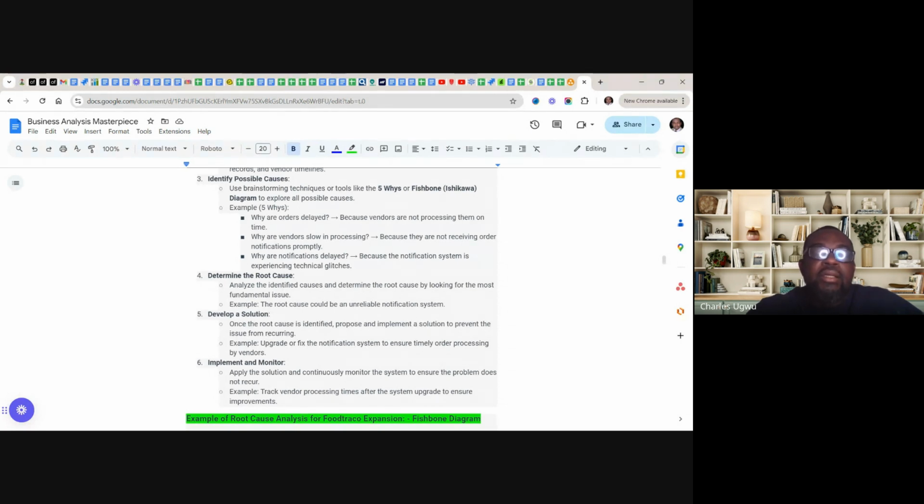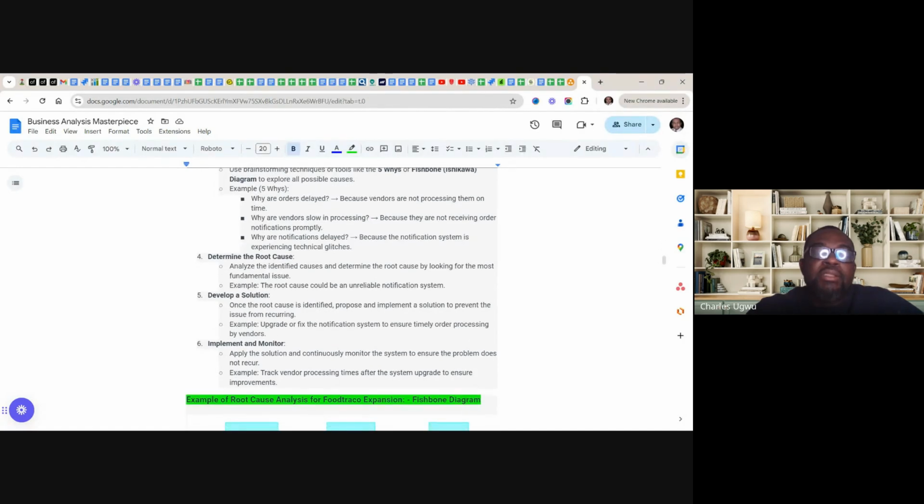And then implement and monitor. Apply the solution and continuously monitor the system to ensure the problem does not occur again, such as tracking vendor processing time after the system upgrade to ensure improvement.